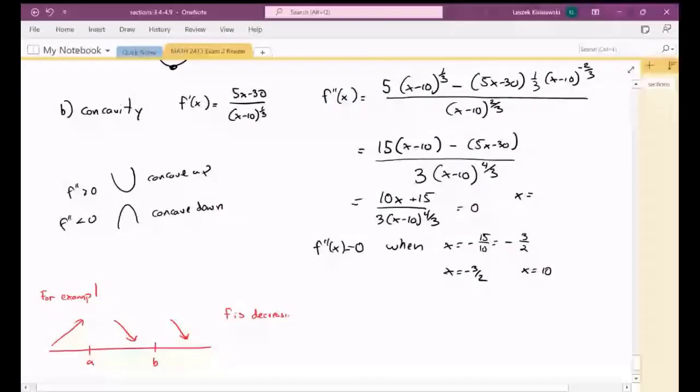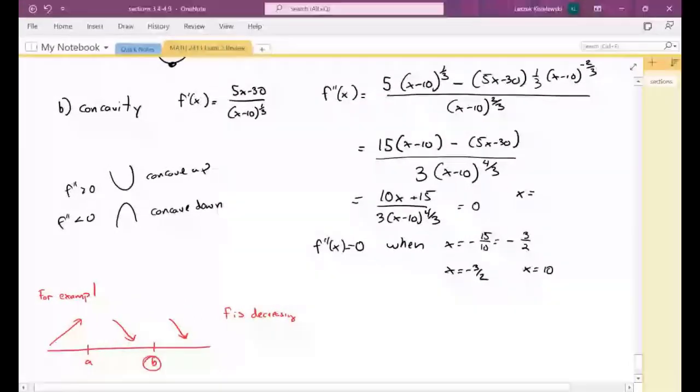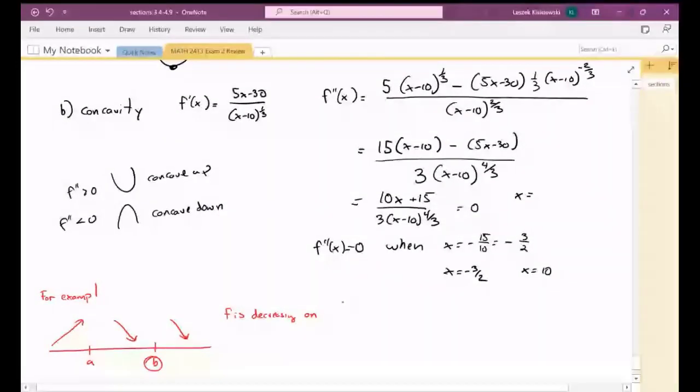Right, because the reason this is a critical point is because either the derivative is 0, so the function is neither increasing nor decreasing, at least instantaneously, or the function doesn't have a slope there, or it might not even be defined there. So you'd say on the interval from a to b, and you want to exclude b.